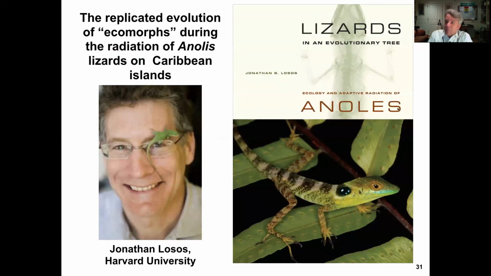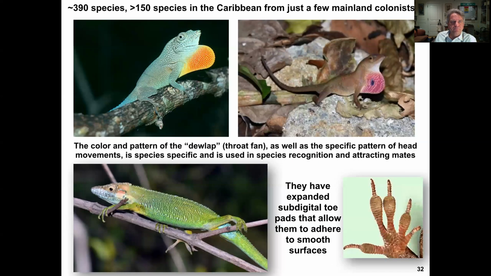Now, this idea of replicated evolution, you're familiar with by engaging with the reading of Jonathan Losos and his work with anolis lizards. Sorry, this slide is out of date. He is at Washington University in St. Louis, no longer at Harvard. And as you learned by reading his work, the paper looking at replicated evolution in the Caribbean, there's about 390, maybe 400 species of anoles, and more than 150 of those are found in the Caribbean.